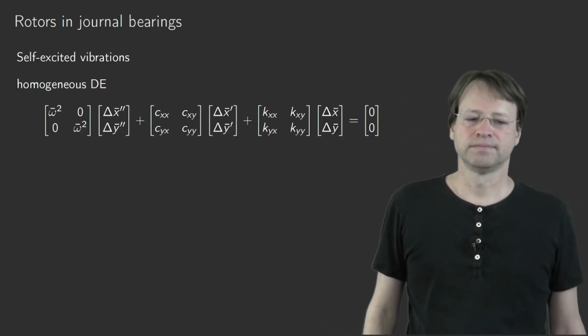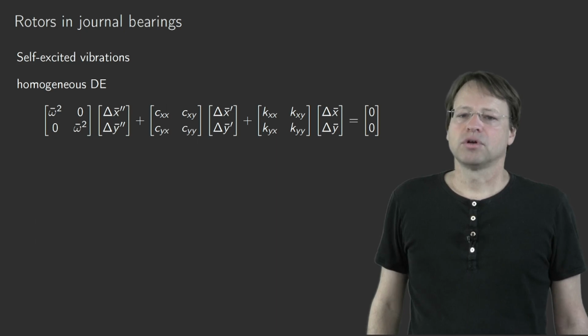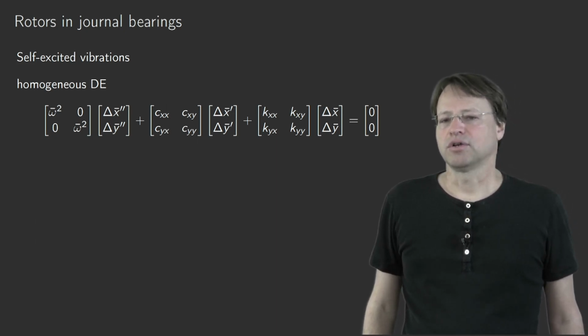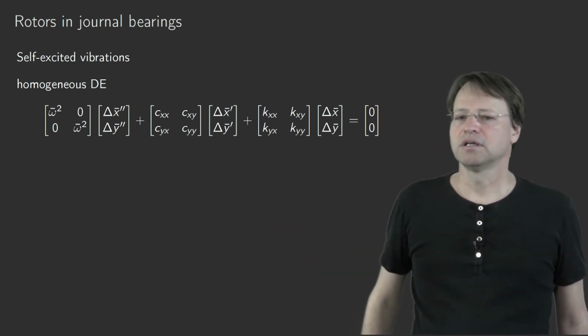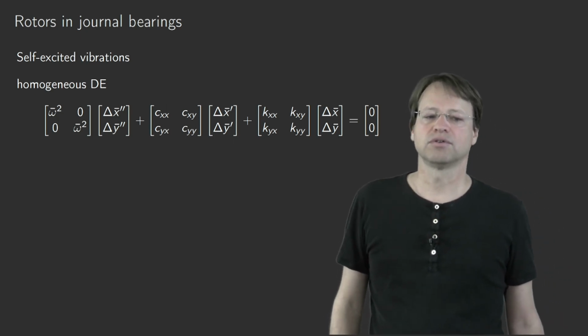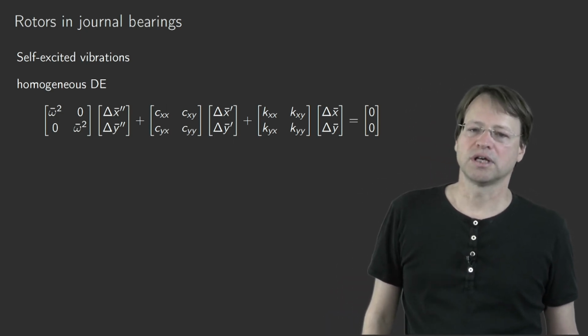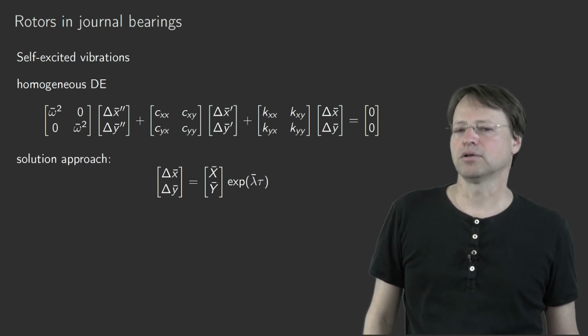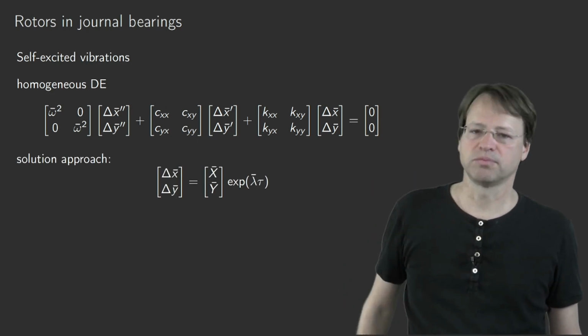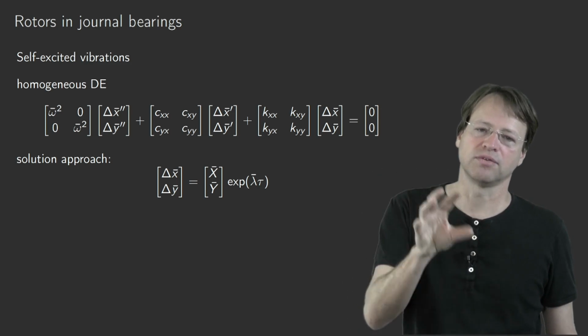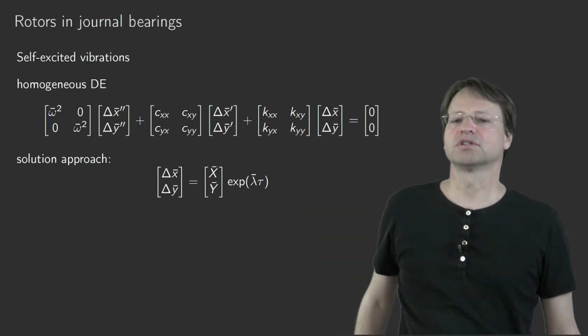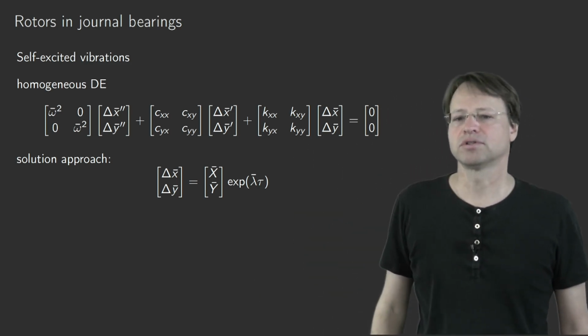Here it is. Well, if we want to solve such a homogeneous differential equation, we observe that it's a linear ordinary differential equation of second order, so a classical approach, even the coefficients are constants. They are not constant if you change the rotational speed, but for a given rotational speed, for a given Sommerfeld number, these coefficients can be treated as constants.